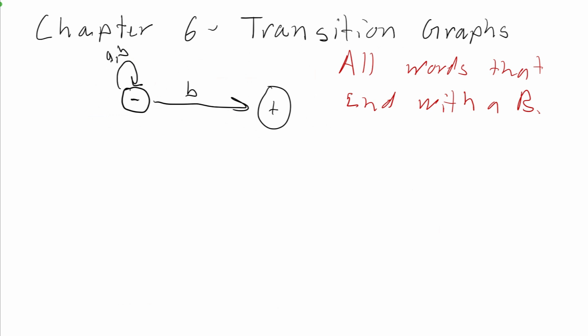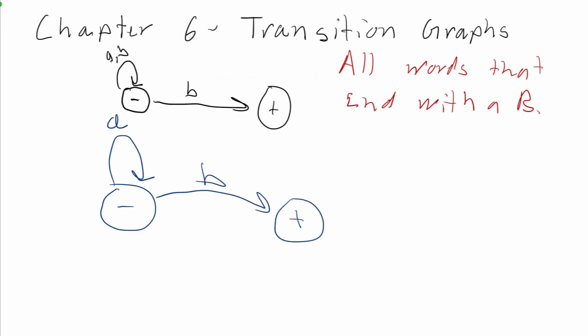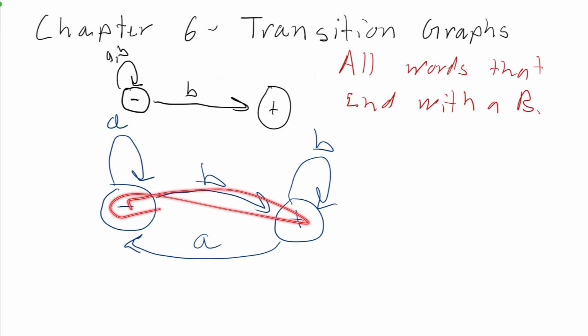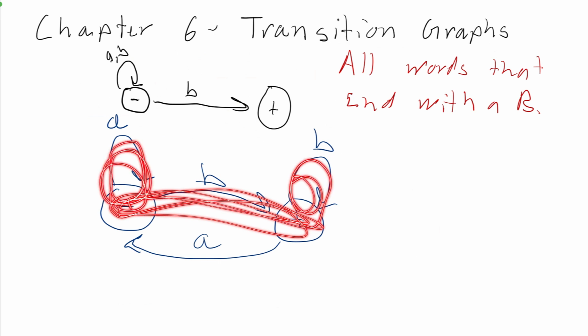So how would we do a finite automata that accepts the same language? And what we need is a start state. And then while we read A's, we'll be there. If we read a B, we'll go to a final state, and we'll stay in that state while we read B's. And then if we read an A, we'll go back to the start state. So as we read our word, we'll kind of bounce between these states, maybe taking a loop a few times.